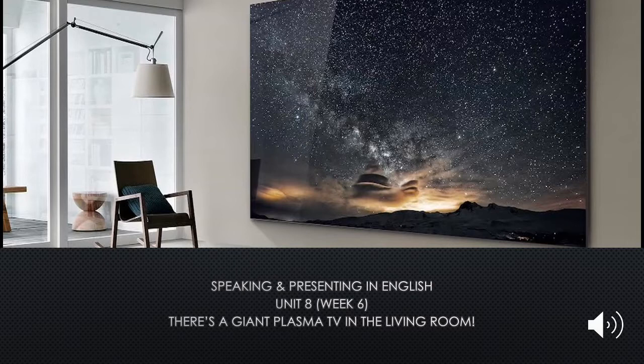And as you can see here, the title of this unit is There's a Giant Plasma TV in the Living Room, and you have a picture here of a huge TV in the living room. And as you might guess, in this unit, we're talking about things in your house.